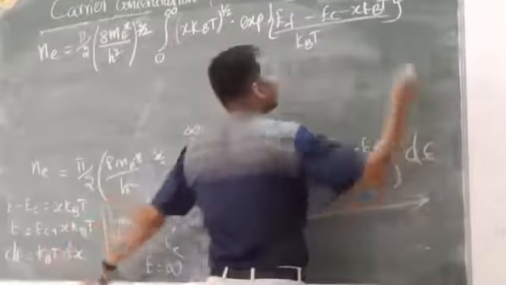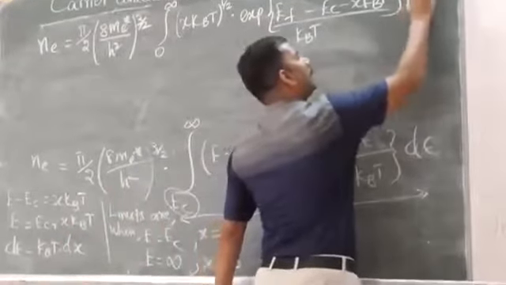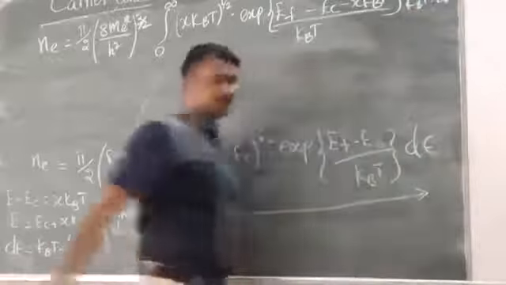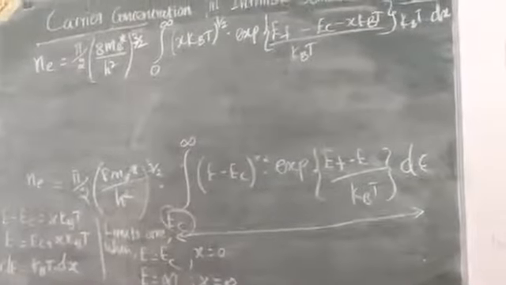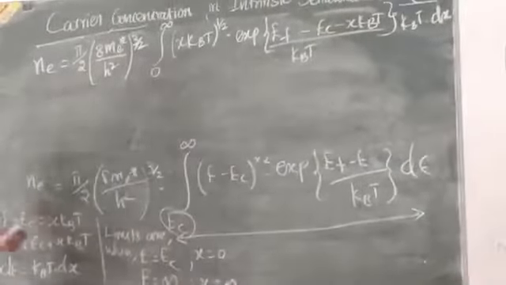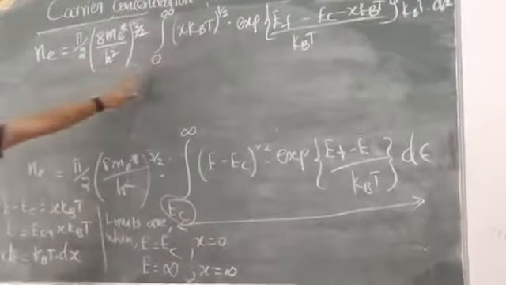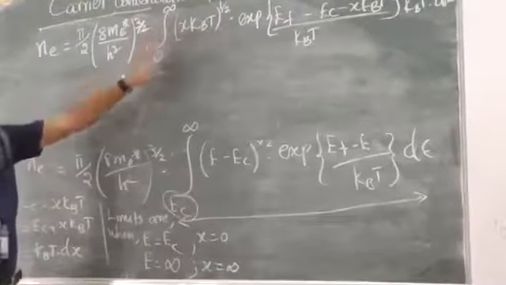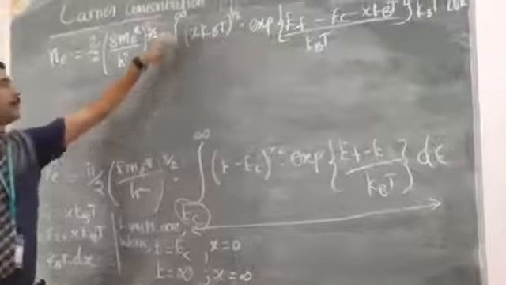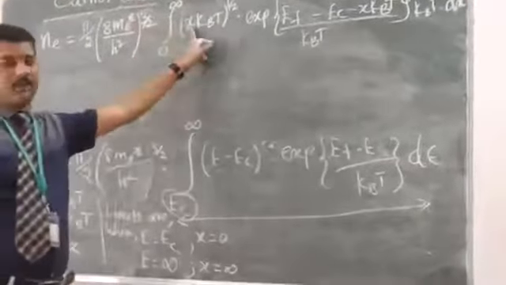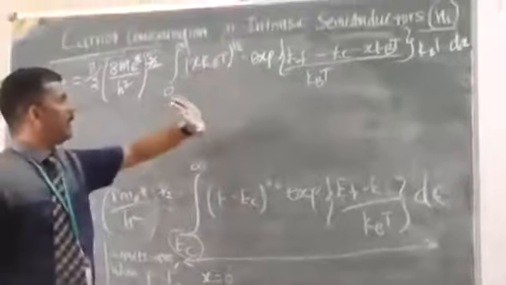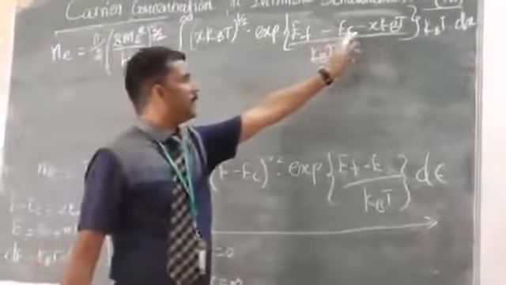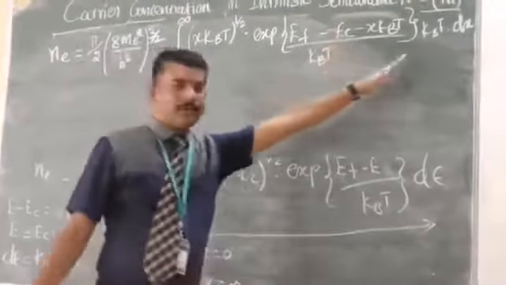What is dE? kBT dx. So I think we have substituted in the right manner. So instead of Ec to infinity, we substitute 0 to infinity. For E minus Ec you put x kBT, instead of E you put Ec plus x kBT, and kBT dx.